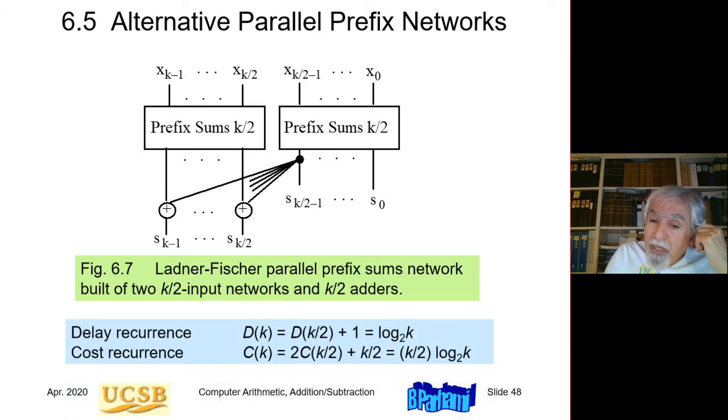We can use recurrences to evaluate that. So the delay of the circuit is the delay of that half-size circuit. So it's a recursive construction. Whatever the delay of this half-size circuit at the top is, I have to add 1 unit. I'm assuming that this addition or carry operation takes 1 unit of time.